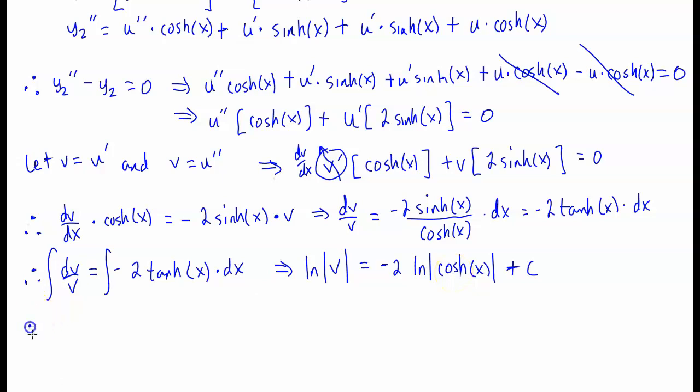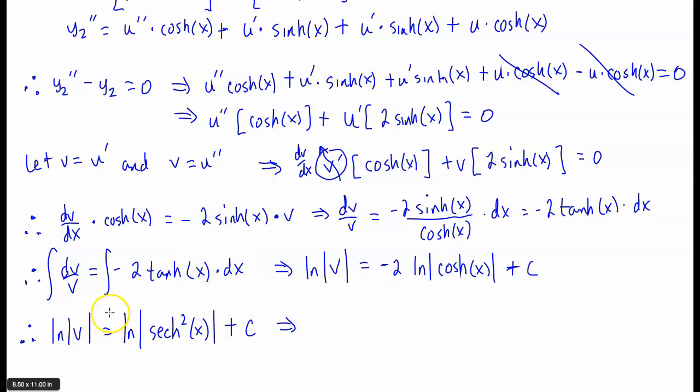Okay. So here this would be natural log absolute value v, and this would essentially be this. Make life easy. And then what I'll do is subtract this natural log of sech squared on both sides.